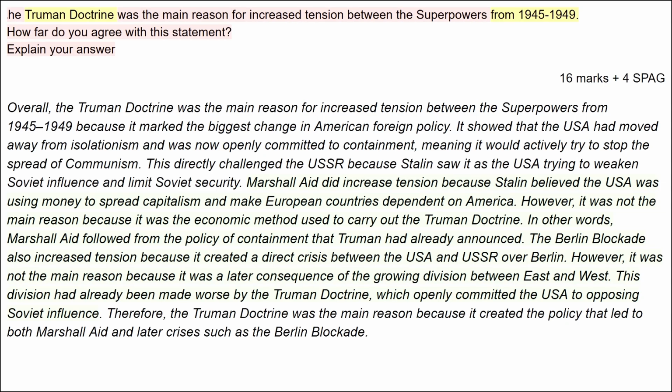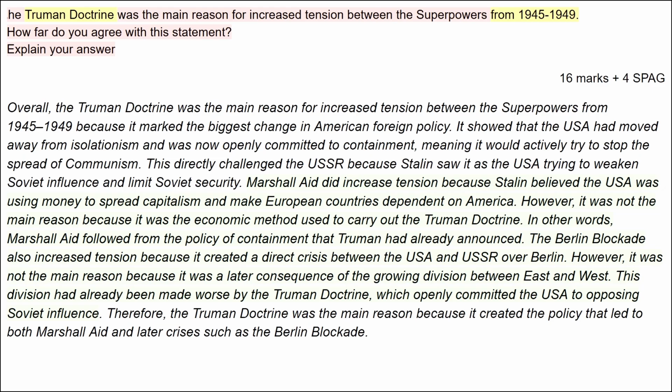In other words, Marshall aid followed from the policy of containment that Truman had already announced. The Berlin blockade also increased tension because it created a direct crisis between the USA and USSR over Berlin. However, it was not the main reason because it was a later consequence of the growing division between East and West. This division had already been made worse by the Truman Doctrine, which openly committed the USA to opposing Soviet influence.